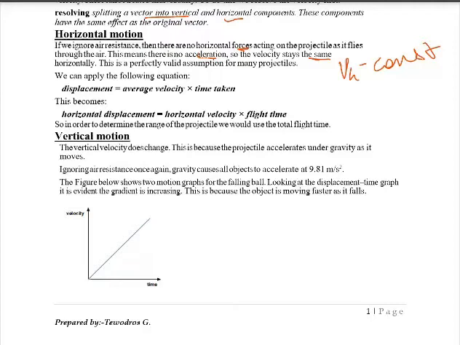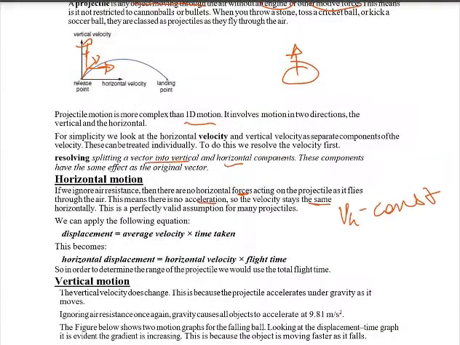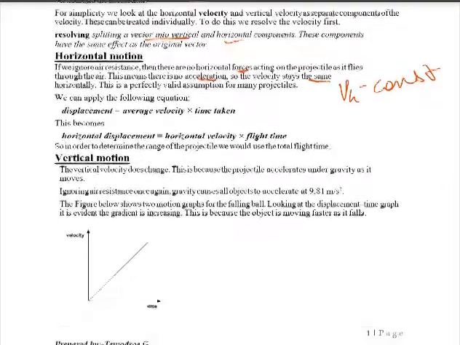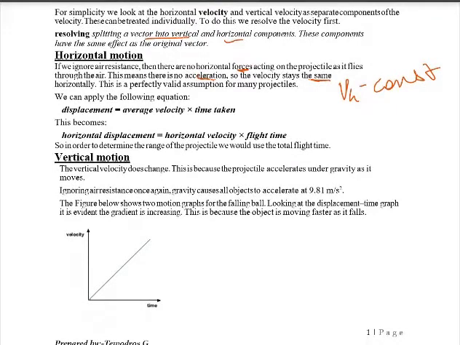And we can apply the following equation to find the horizontal displacement. As you see here, we have a horizontal displacement from this point up to this point, and this horizontal displacement is named the range. We can calculate this range by using the equation. As you know, velocity is equal to what? Displacement over time. And if you cross-multiply, displacement is equal to velocity times time.